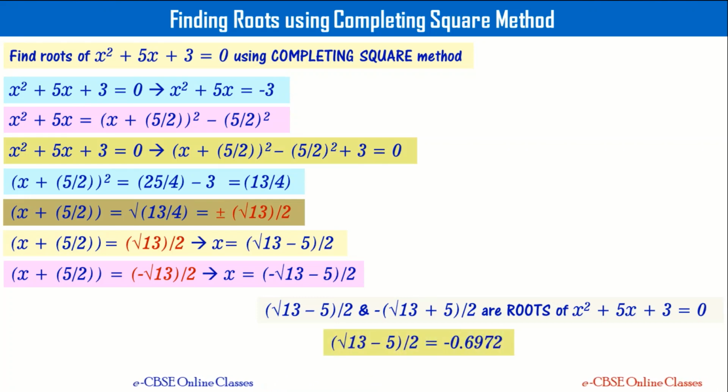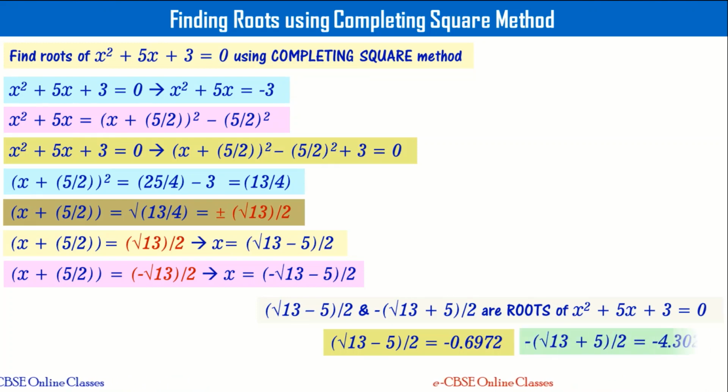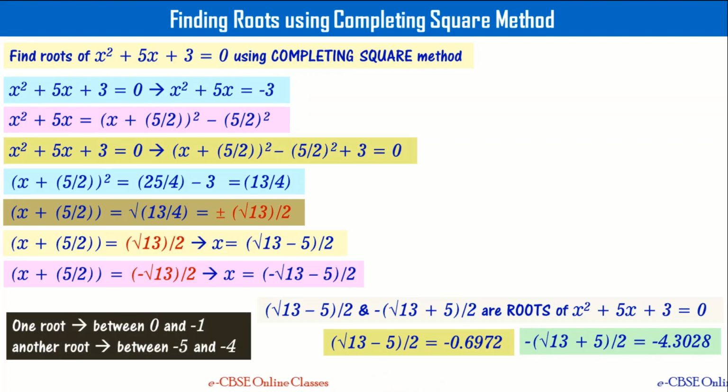When you simplify them, one root is minus 0.6972 and the other root is minus 4.3028. You may recall that we said from the graph, one root is lying between 0 and minus 1, that is the first root, and the other root is lying between minus 5 and minus 4, that is minus 4.3028, right?